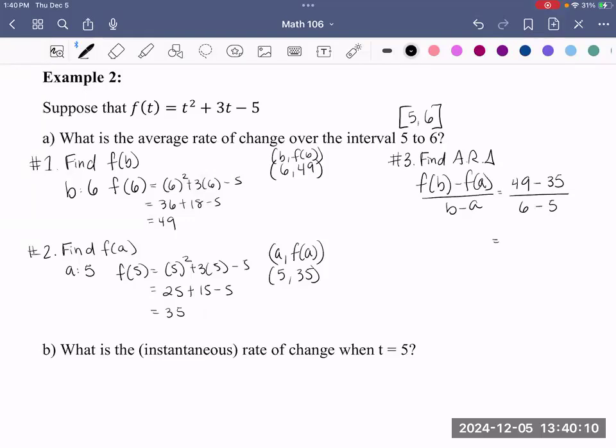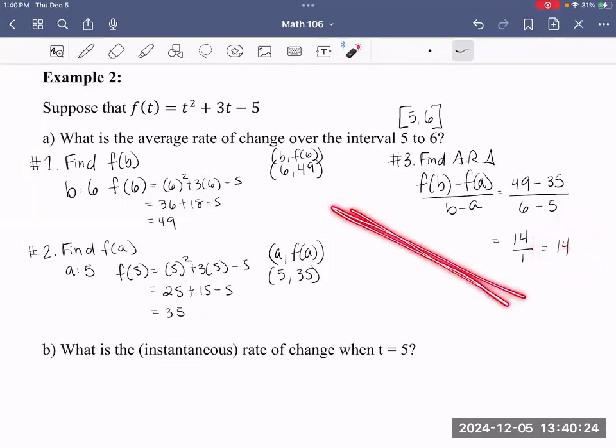In your numerator, we have 14 all over 1. So we have 14. And your average rate of change can be negative based on whether your graph slope is increasing or decreasing. So don't freak out if you do come up with a negative value.